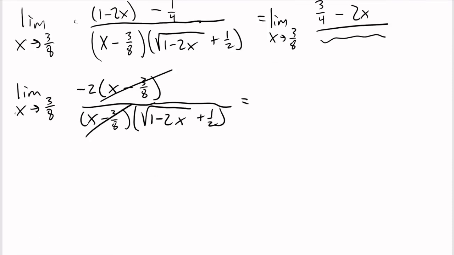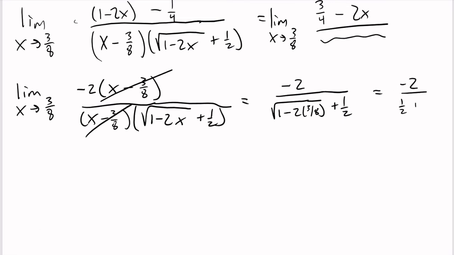So we can plug this in, and this is going to end up giving us negative 2 over square root of 1 minus 2 times 3/8, plus 1/2. Okay, and then we actually did this calculation earlier. This is going to end up giving me 1/2, which means negative 2 over 1/2 plus 1/2, which is negative 2.